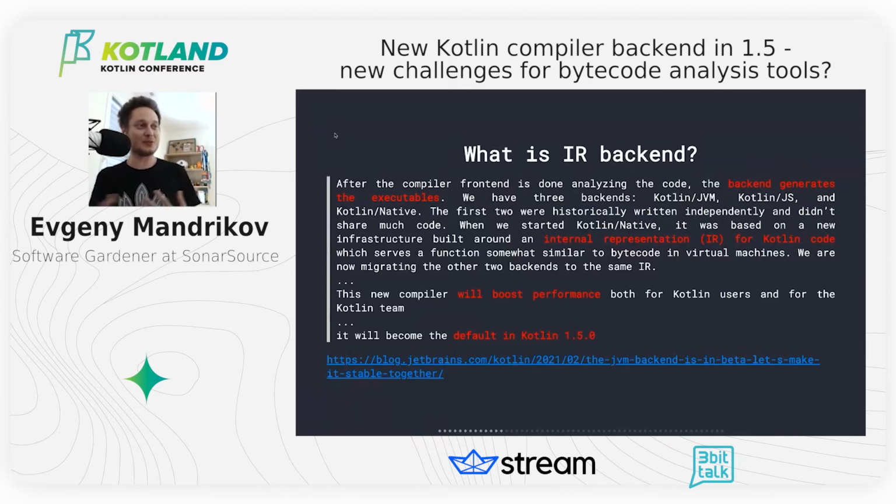Different bugs, different performance, etc. So an effort was started to unify all this, with a great promise that the new compiler will also boost the performance of compilation. This is a great outcome for you as users of the compiler. And this will also help Kotlin compiler developers to develop it faster.